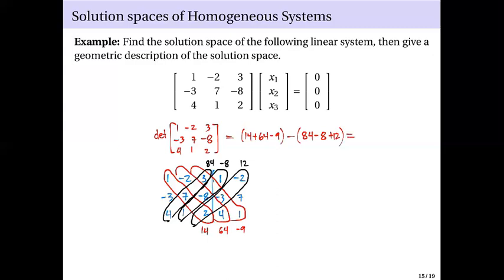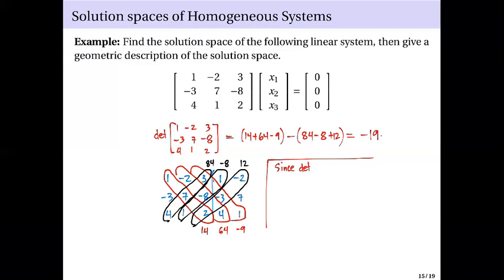What is this? Check, it's negative 19. Okay? Negative 19. Try to verify this. But what does this mean? Determinant is non-zero. Okay?